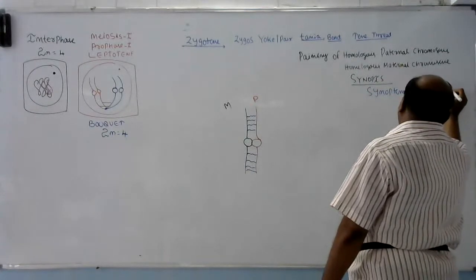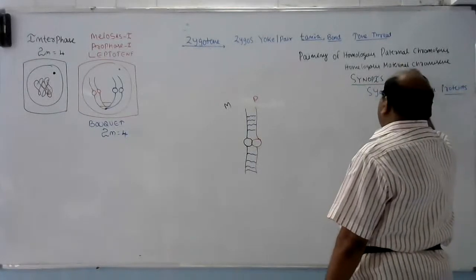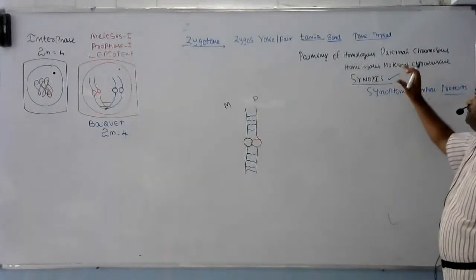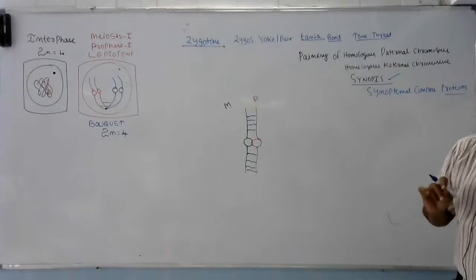It is a protein molecule which is useful for holding the pair of homologous paternal and maternal chromosomes together.